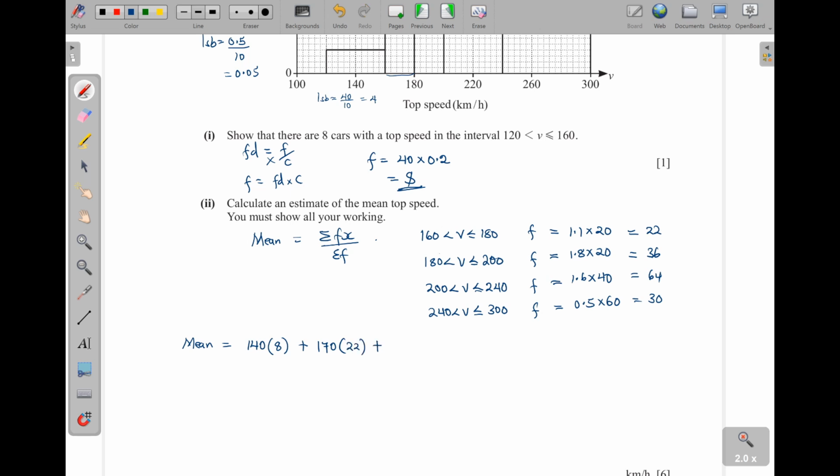Then the next one, 180 plus 200, then divide by 2, that one will give us 190, then times the 36. Then 200 plus 240, these ones will give us 440 divided by 2, we get 220, then times the 64 here, and then plus, now 240 plus 300, that will be 540, divide by 2, this one will give us 270. Yes, 270, then times the 30.